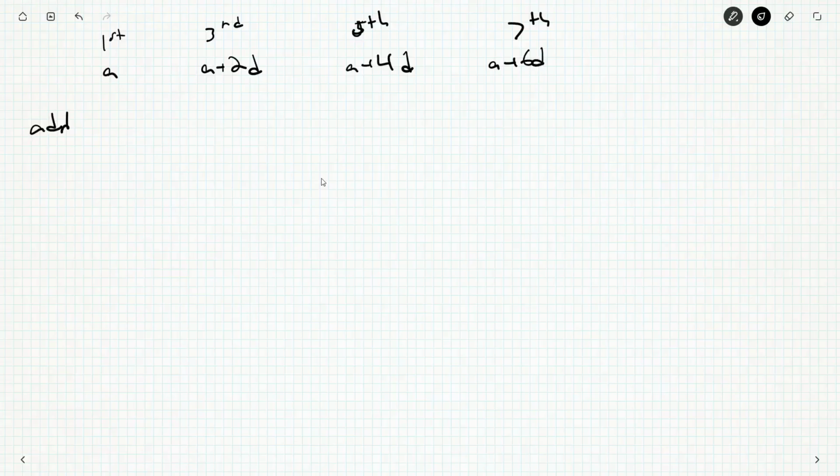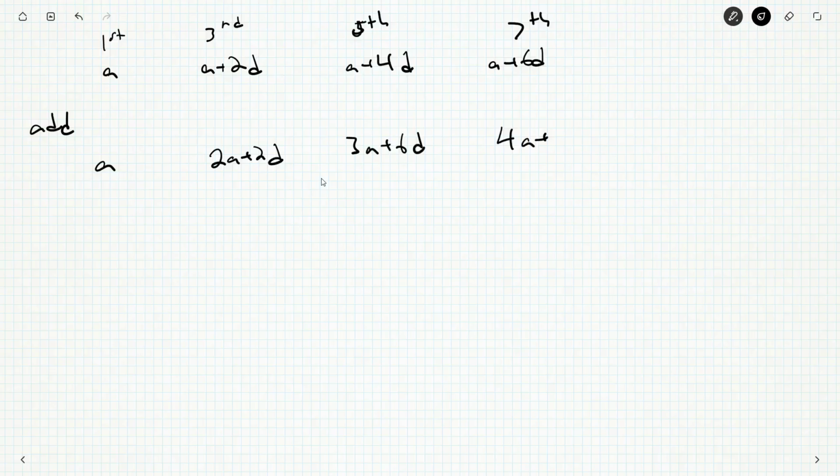If we add these up, we'd have 2a + 2d, then with the fifth one, 3a + 6d, then 4a + 12d. I'm not quite noticing a pattern just yet. The ninth term would be a + 8d, so then it would be 5a + 20d.